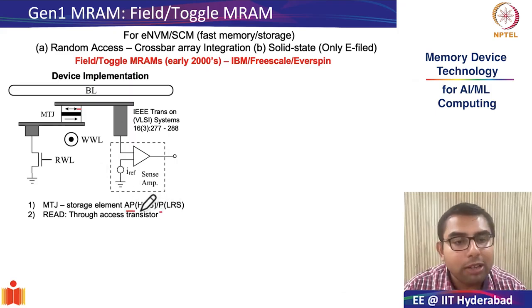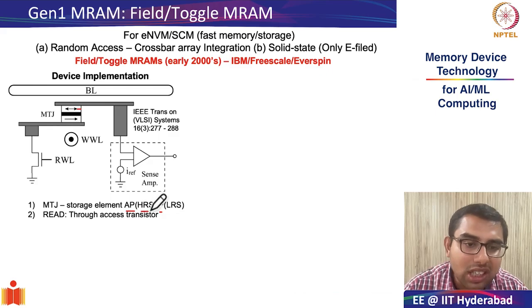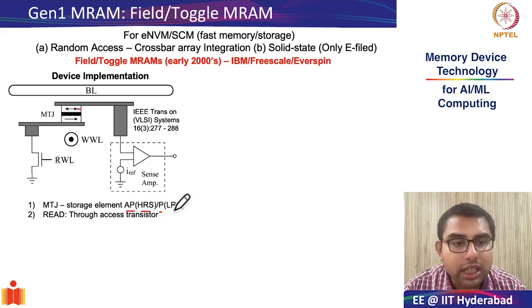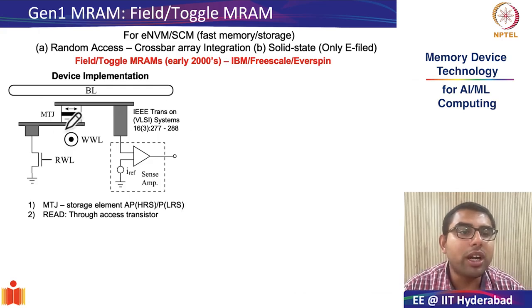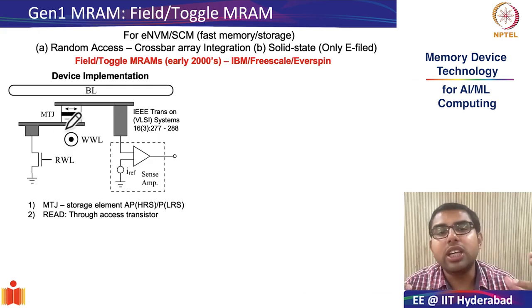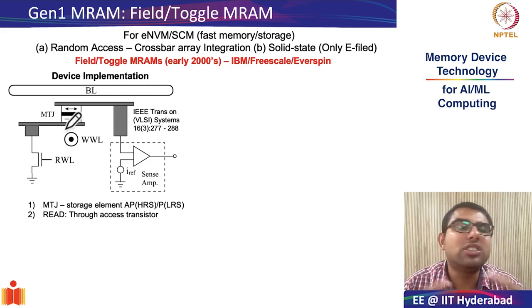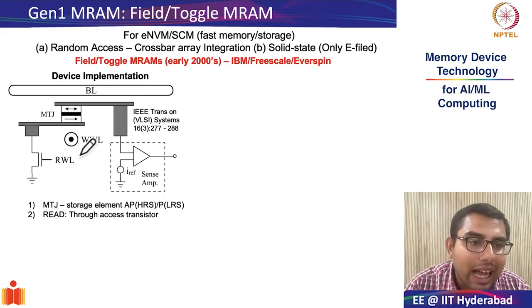We have seen several times that the anti-parallel state is high resistance, whereas the parallel state is low resistance. So for this kind of a storage element, the read path is same as what we have been seeing for any 1T 1R configuration. You have your word line.